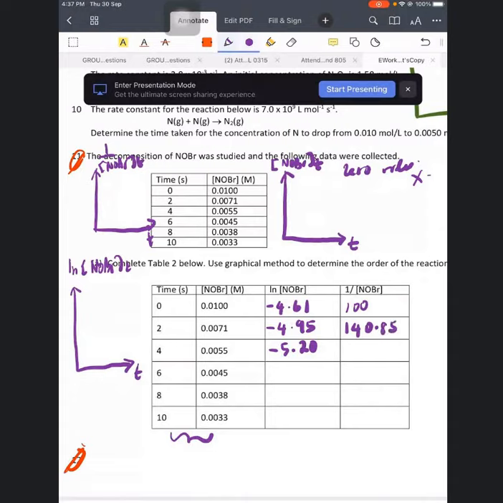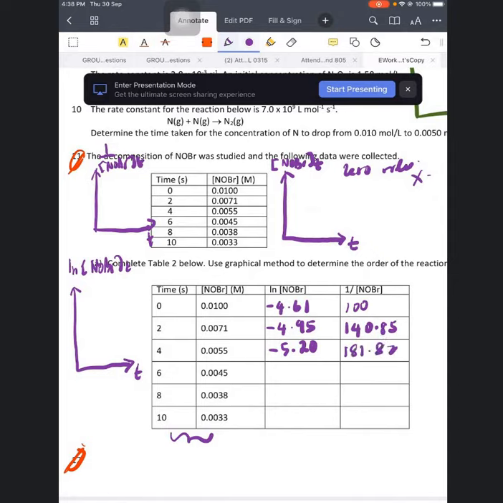Lepas tu 1 bahagi 0.0045, 181. 1 bahagi 0.0055, so 181.82. Okay, so seterusnya macam tu lah you kena buat.